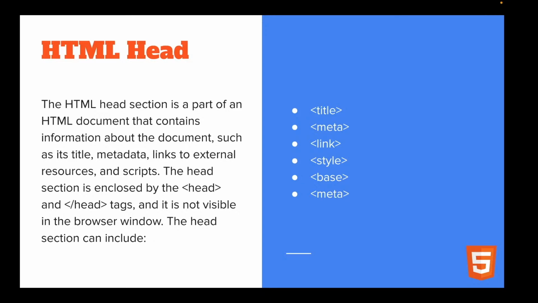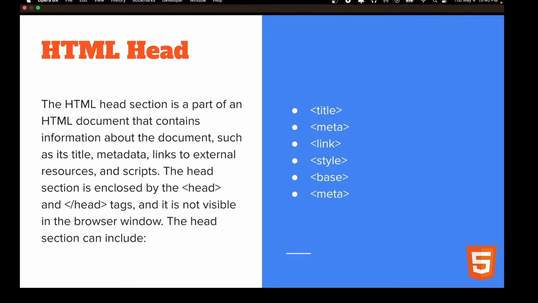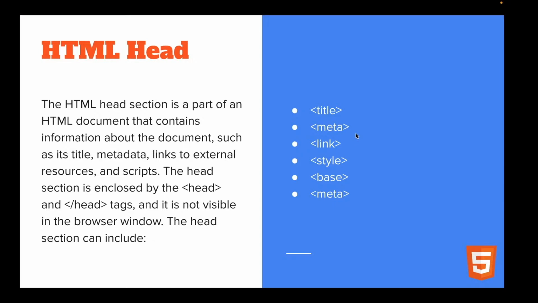We're going to be talking about all these jargons later: links, resources. Don't worry, we're going to talk about them later. Then the head section is enclosed by the head tag, that's head in angle brackets and the closure of the tag, and it's not visible in the browser window. The head section can include all these things I put on the right hand side: the title, the metadata, the link, the style, the base. So we'll go into detail on each of this information as we move ahead.